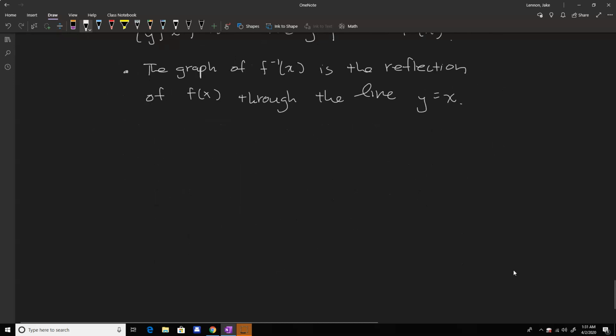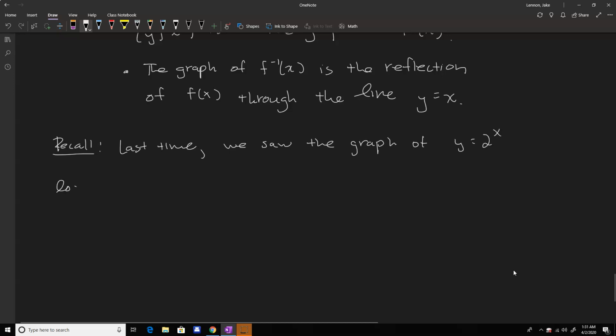So one way to see this is, recall last time, we saw the graph of y equals 2 to the x, something like that.